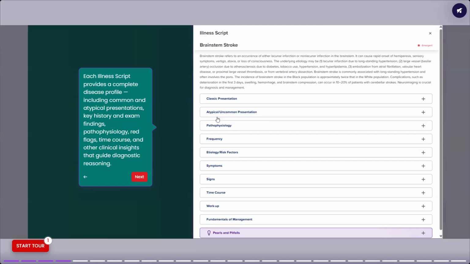The pathophysiology of the disease, the etiology, the risk factors, the signs and symptoms, the workup, and more. So it really covers everything related to each illness script. And with that, it is guiding diagnostic reasoning by providing clinical insights on each of these illnesses.